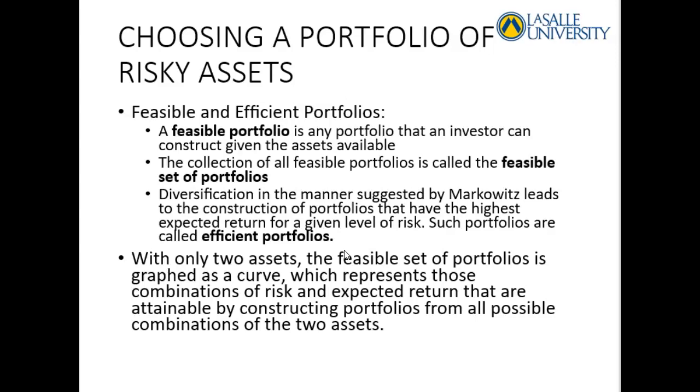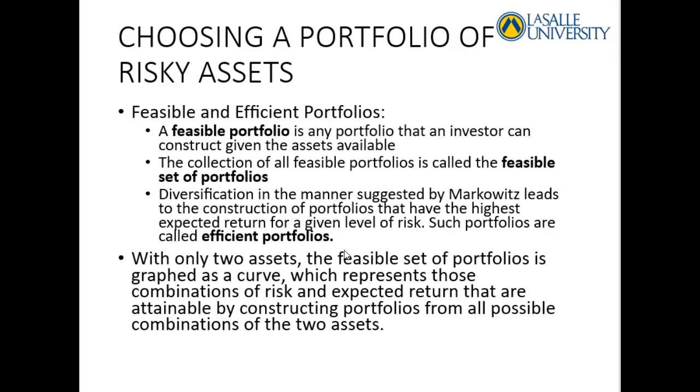Diversification that Markowitz suggests leads to a construction of portfolios that have the highest expected return for any given level of risk. These portfolios are called efficient portfolios. Now keep in mind that an efficient portfolio is always a feasible portfolio, but not all feasible portfolios are efficient.